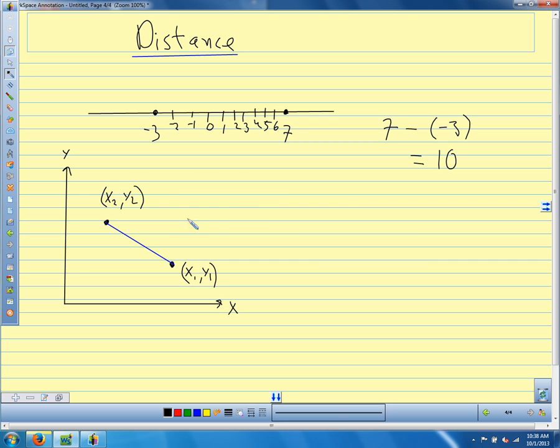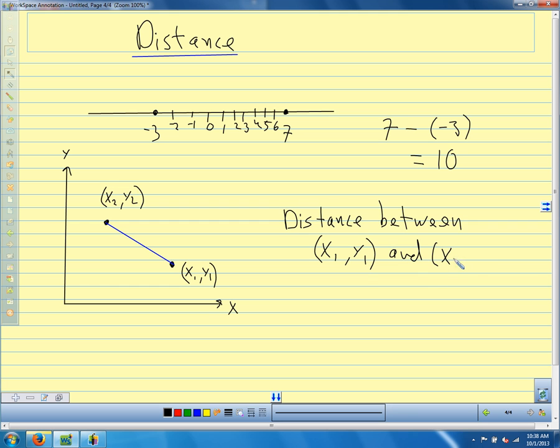We have a nice formula that works for distance. Our distance between x1, y1 and x2, y2 is the square root of x2 minus x1 squared plus y2 minus y1 squared.